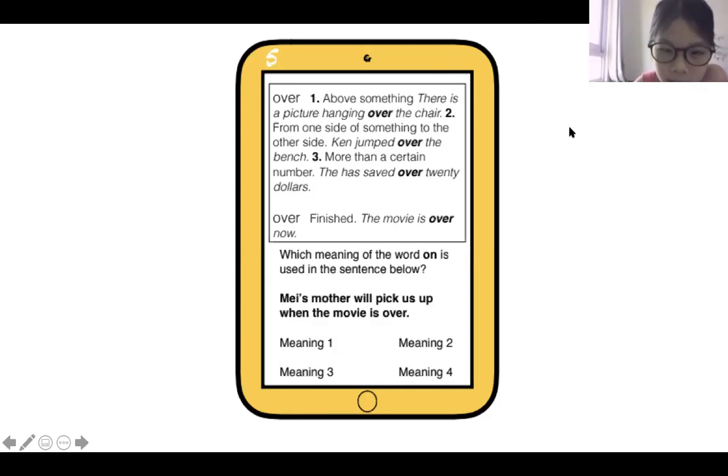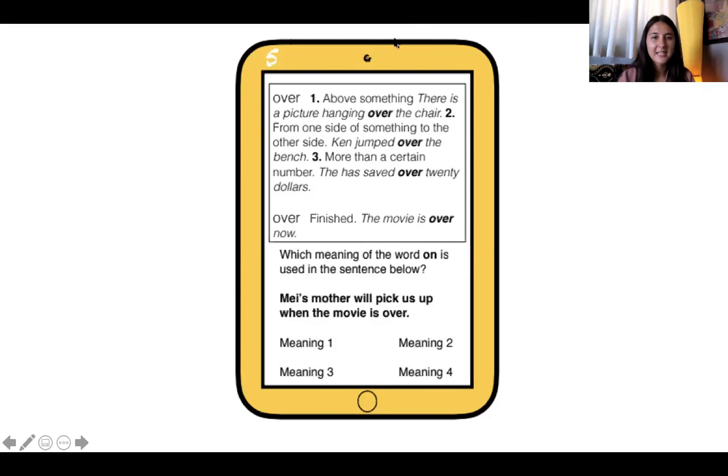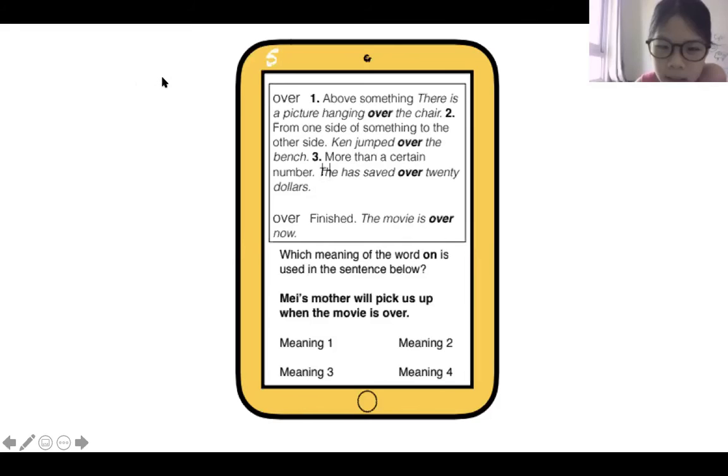Three: more than a certain number. He has saved over $20. Sorry, that should say he has saved. Let me fix that for you. Four: finished. The movie is over now.